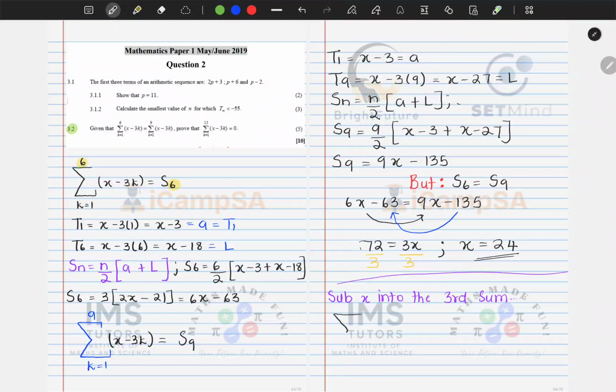So this means the third sum, which is from 1 up until 15, of x minus 3k, we can just plug in the x already, and then it just becomes the sum from 1 up until 15. But what we are summing there is just 24 minus 3k. So we'll go to the next page and evaluate this.